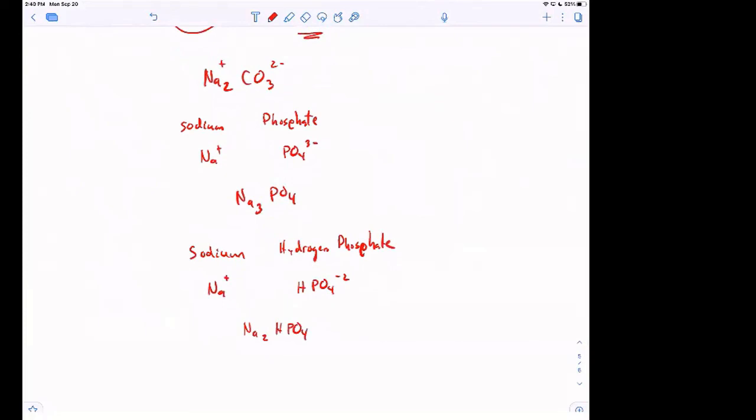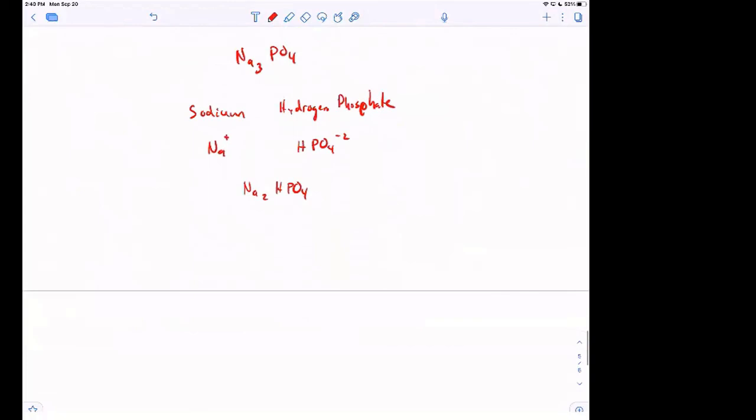Is there another one? Ooh, there's a lot of them. Sodium acetate. Okay, next one is potassium and carbonate. Potassium is an alkali, +1 charge, carbonate already covered, -2.